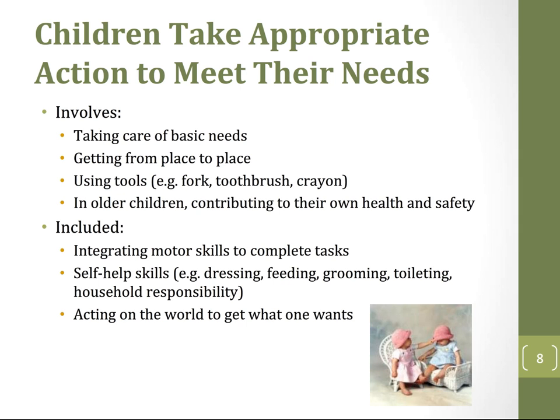Outcome 3 looks at how children take action to meet their needs. As children develop, they become increasingly more capable of acting on their world. Babies cry to communicate hunger, whereas an older child can ask for something to eat. Children have a variety of needs such as to eat, sleep, play, move, explore, and communicate.